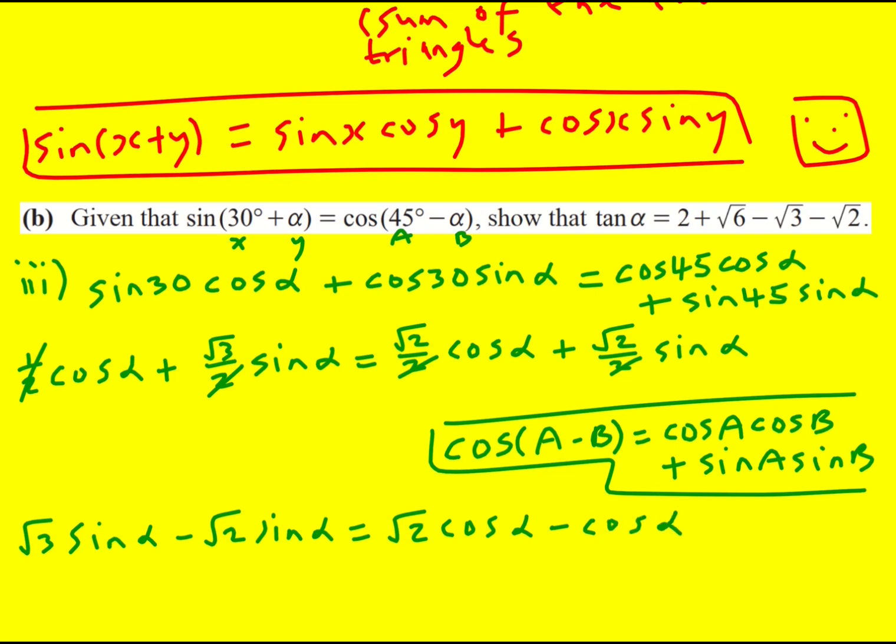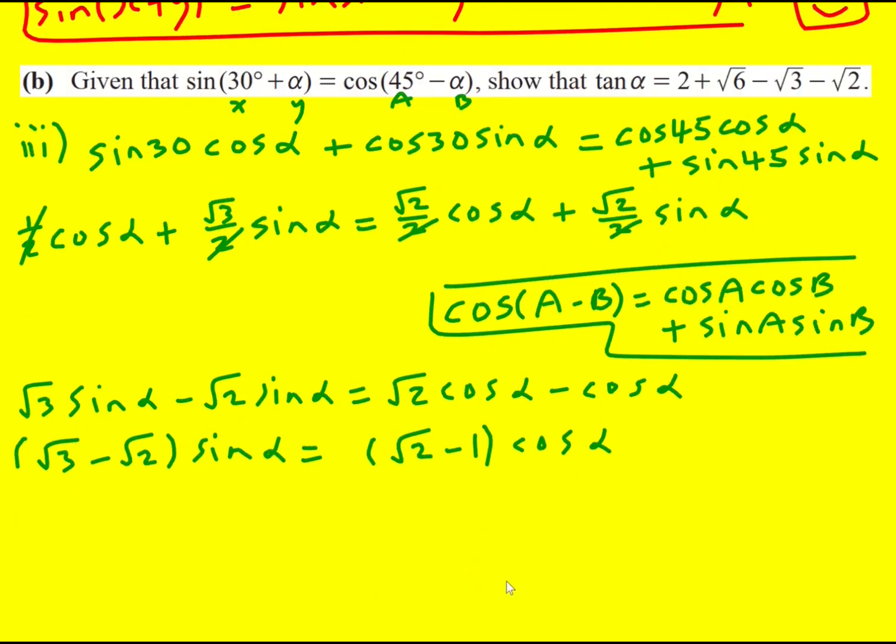Factorize out the sine alpha. Just going to put it at the end. So root 3 minus root 2 sine alpha is root 2 minus 1 cos alpha.